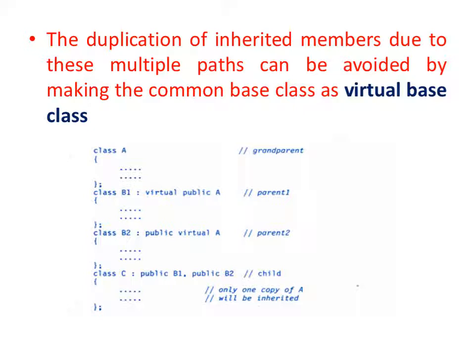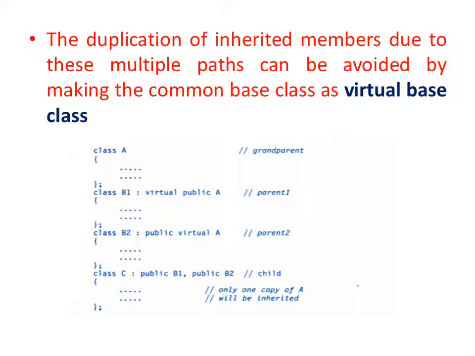This is the meaning of defining a base class to be virtual. See here, I've got class A, which acts as a common base class, and in class B1, after the colon, we are mentioning virtual public A. Here I am making my base class A virtual. So we call it a virtual base class.